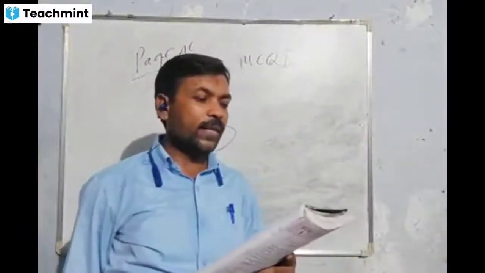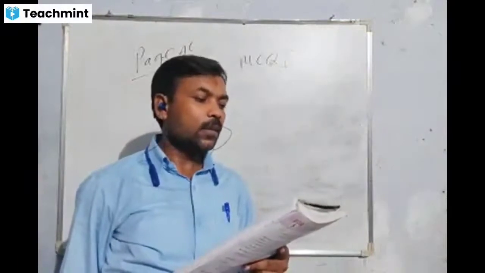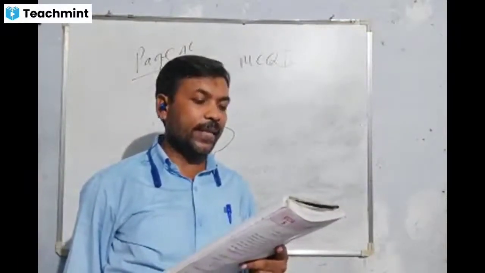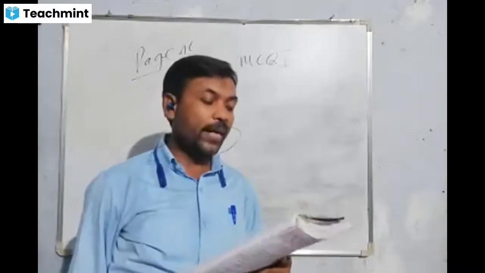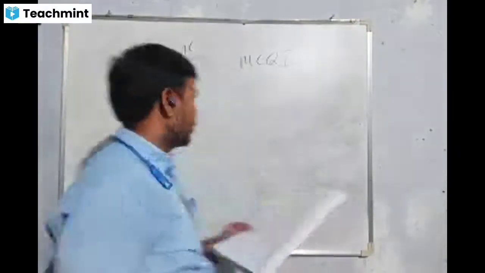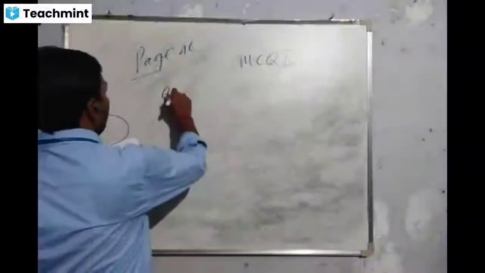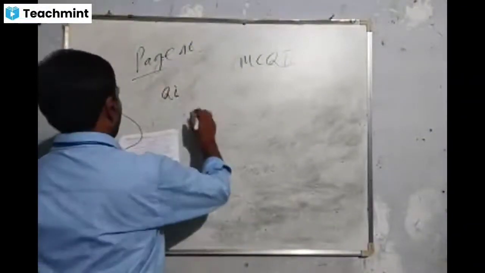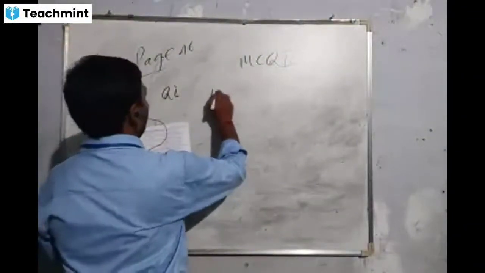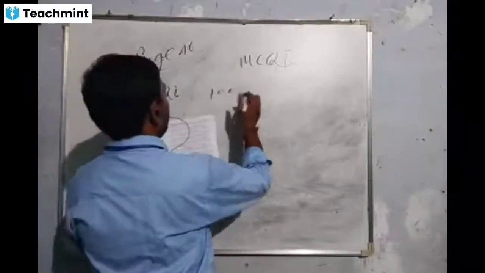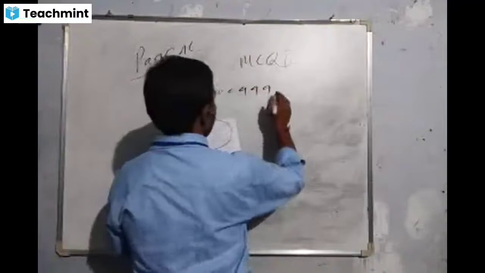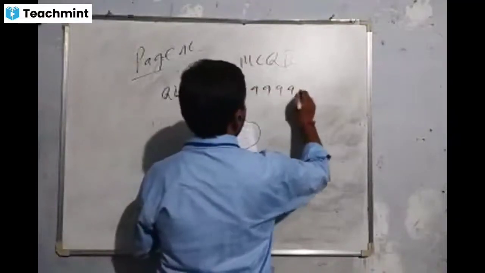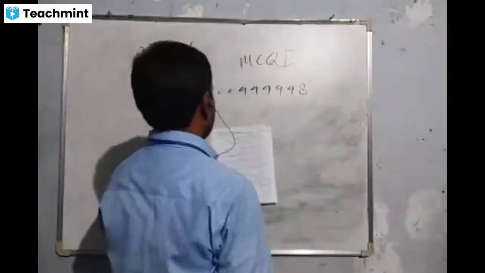It asks for the sum of the greatest 8 digit and the greatest 3 digit number. If you add, you will get the first option. So for question number first, the answer is 99,999,999 and 999.